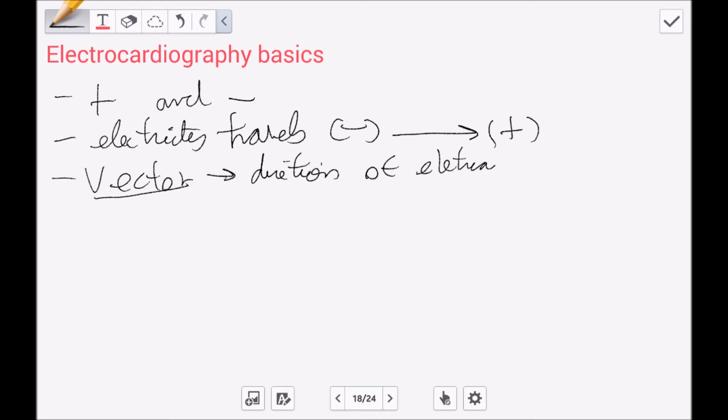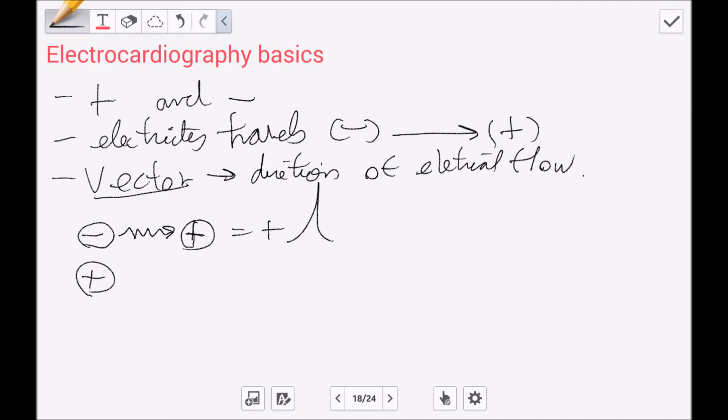Once we have electricity going from negative to positive, coming this way, it's going to be a positive deflection on the ECG. When it goes the other way around, from positive into negative, we're going to have a negative deflection on the ECG.